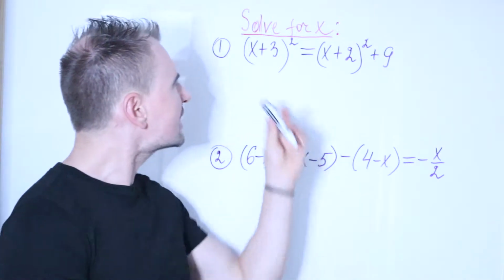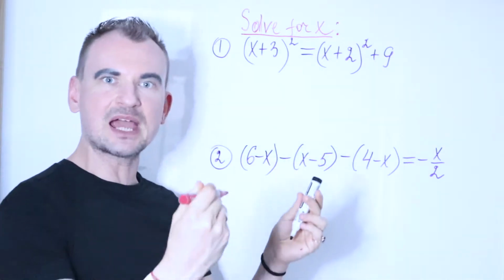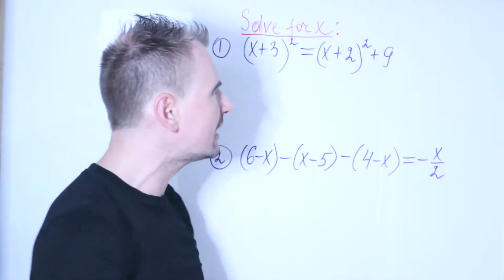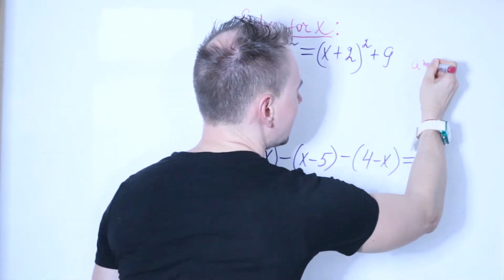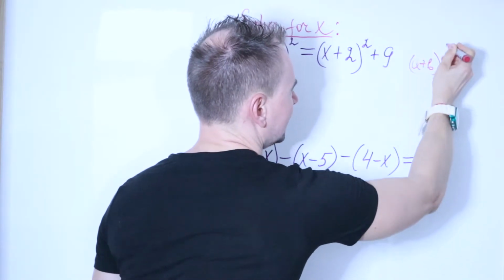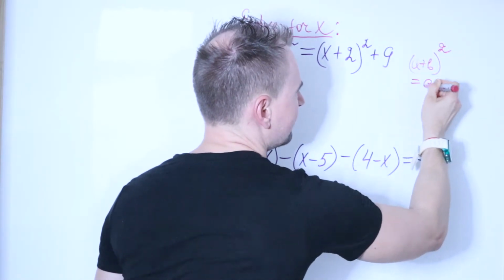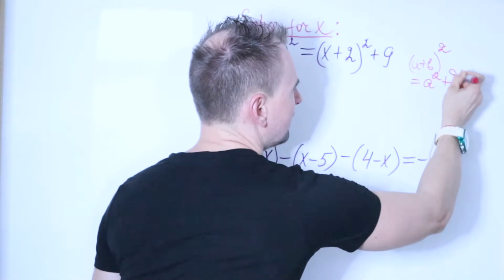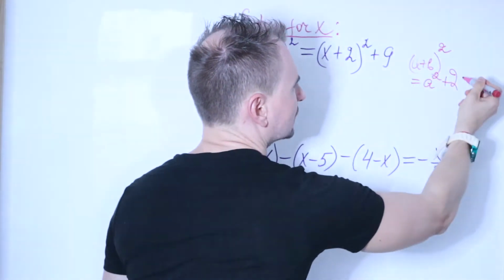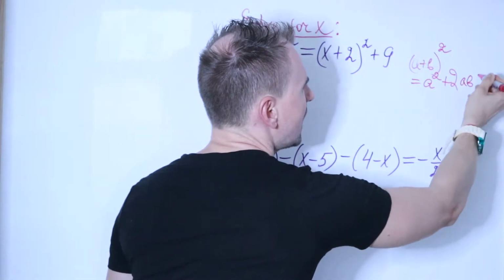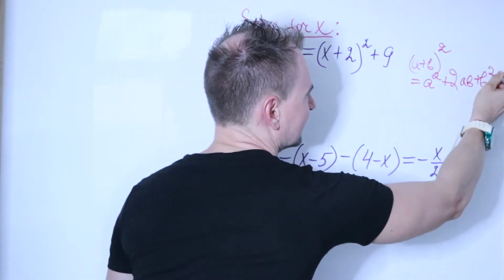You could simply take this x plus 3 and multiply it by itself, but if you are familiar with the formula, let's say a plus b squared, it's the same thing as the first term squared plus twice the product of a times b plus b squared.